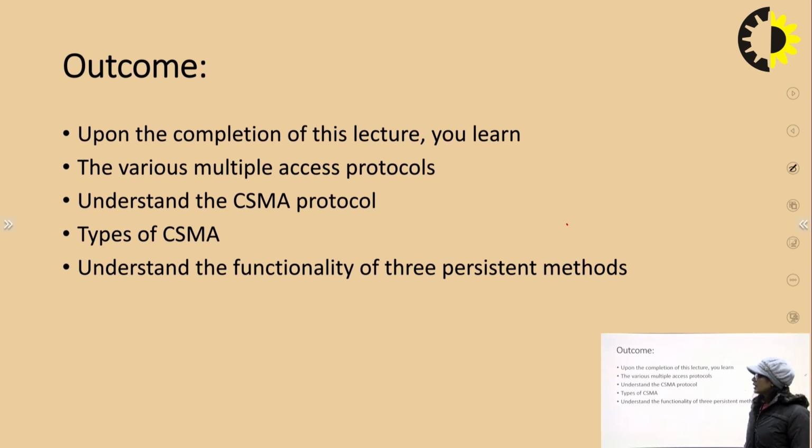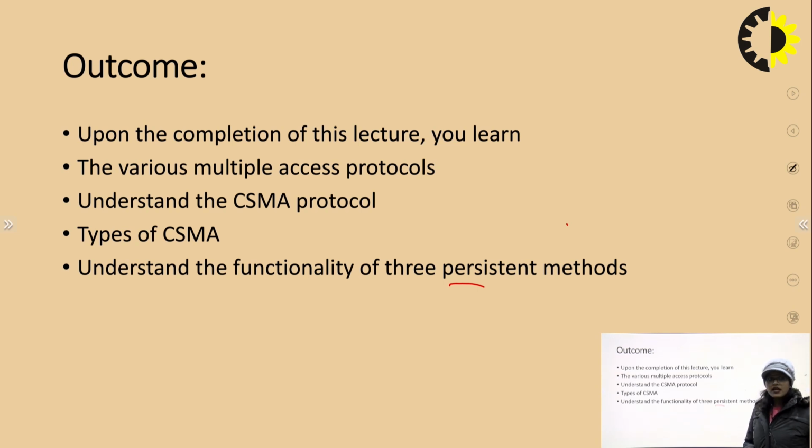After that we will talk about some kinds of CSMA protocols, and we will understand the functionality of three persistent methods. These are some types of protocols implemented in CSMA.